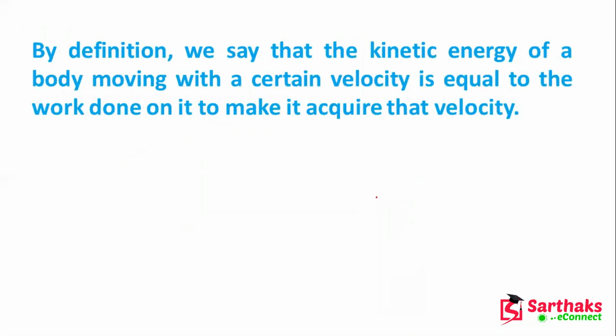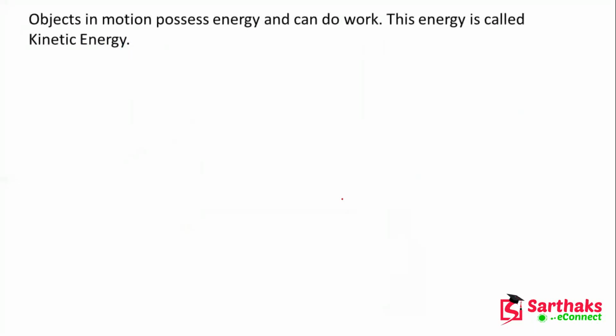By definition, the kinetic energy of a body moving with a certain velocity is equal to the work done on it to make it acquire that velocity. Objects in motion possess energy and can do work, right?